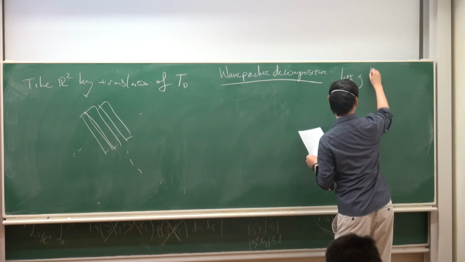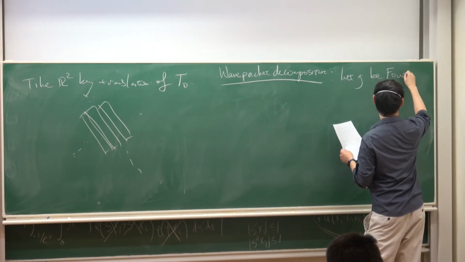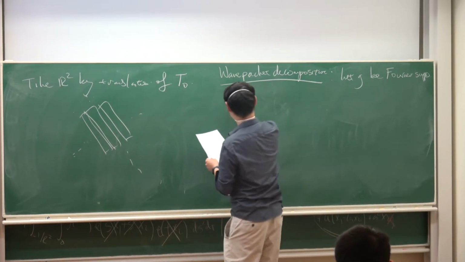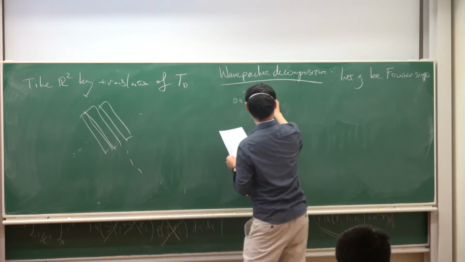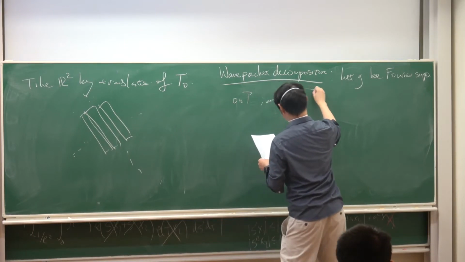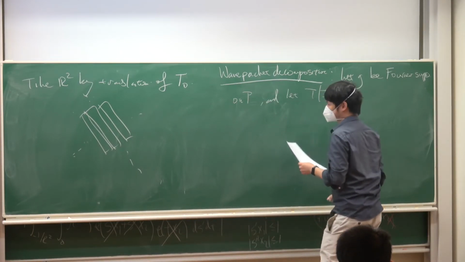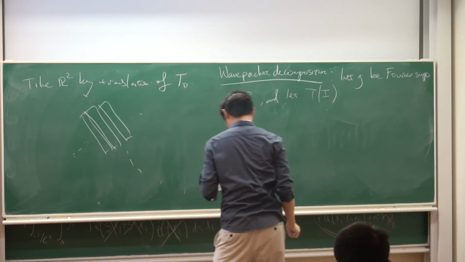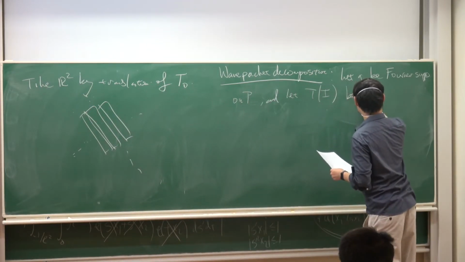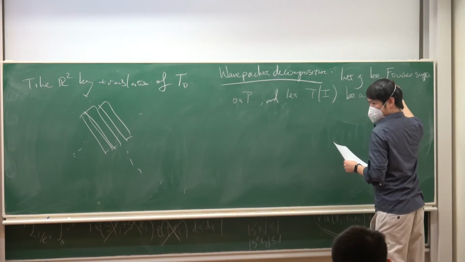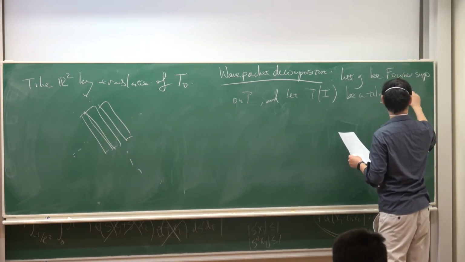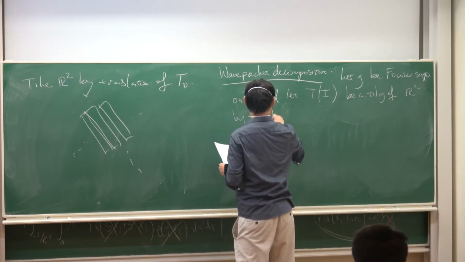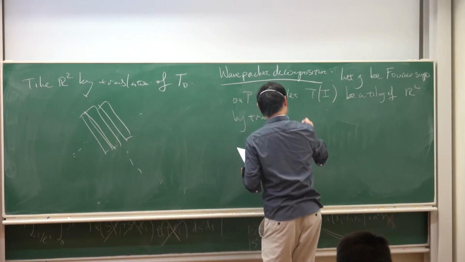So let G be Fourier supported on P, and let Ti, remember I is the interval that P lies above, be a tiling of R2 by translates of T naught.